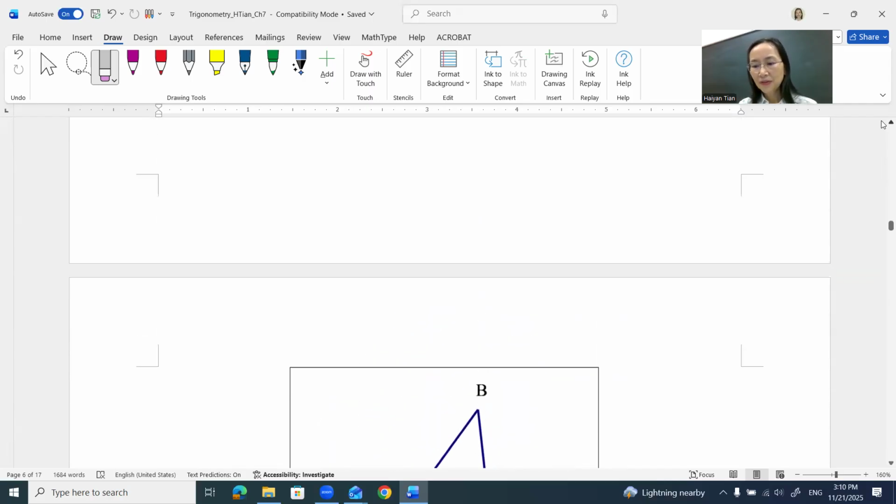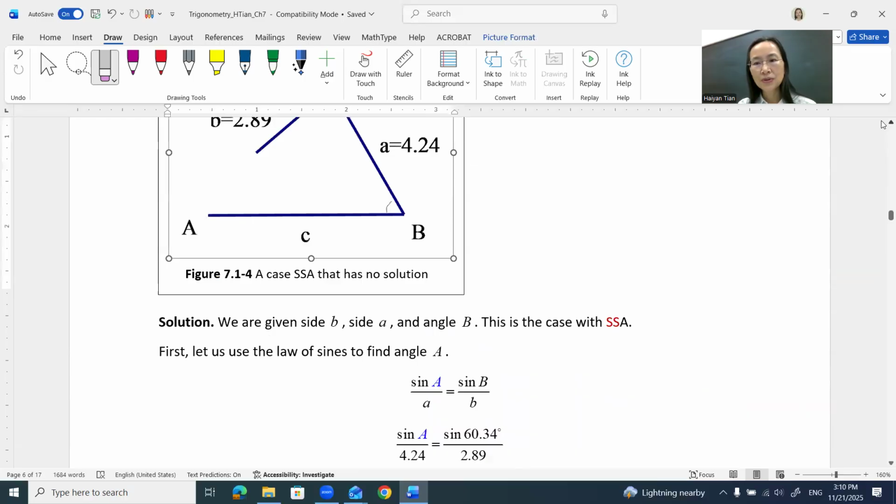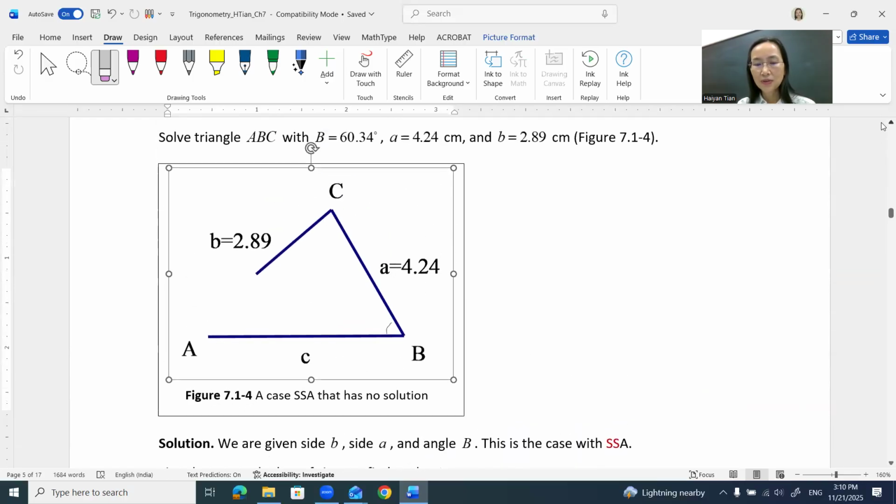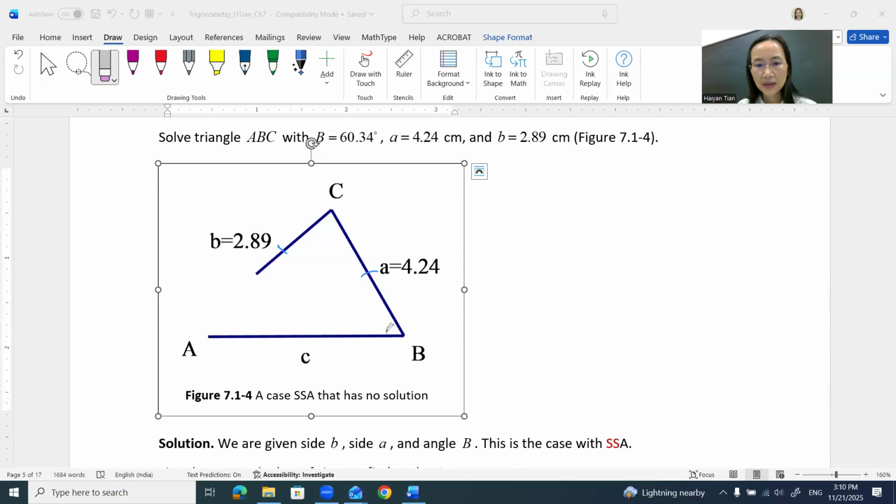And the very first example, we couldn't find a solution at all. So no solution with the given side angle information. There's no such triangle with that side length and such a given angle. It's impossible to find a triangle.